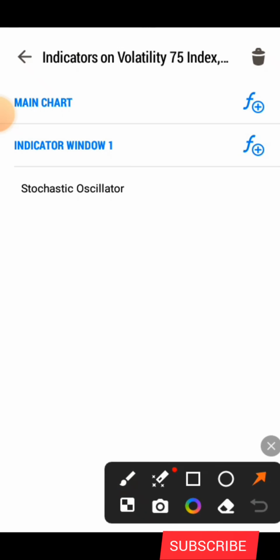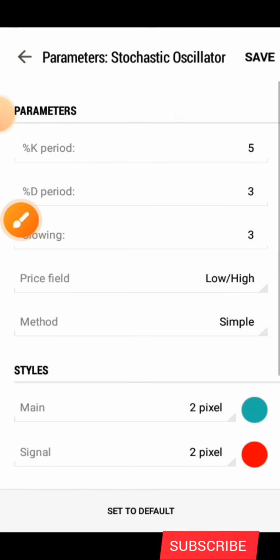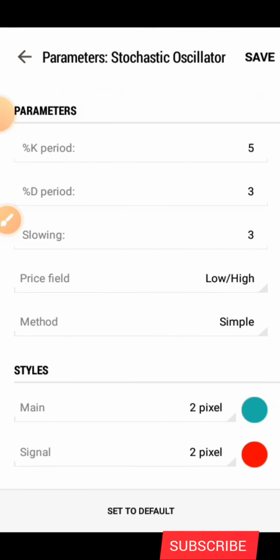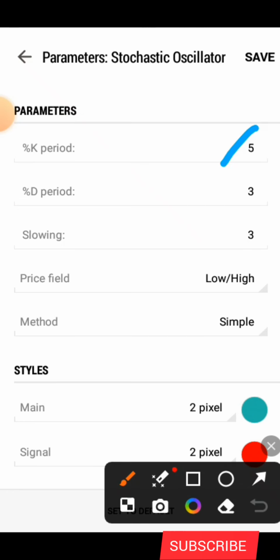Now you click on this icon and then you search for stochastic oscillator. Right, so these are the settings. Right, so you make sure you set everything same as this.